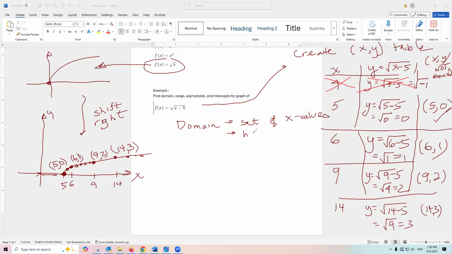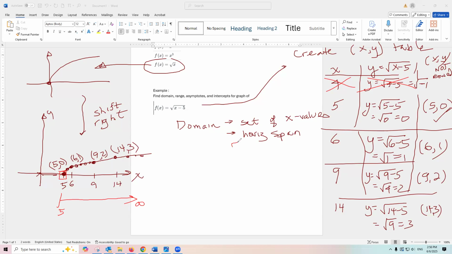Another way to think about domain, it's the horizontal span of the graph. So I'm asking myself, how far does this graph span along the x-axis, along the horizontal axis? Well, it looks like it's starting here at 5 and going all the way to the right. Well, if you go all the way to the right, that's infinity. Now, the number 5 is actually included in the domain because you notice that's a filled in circle there.